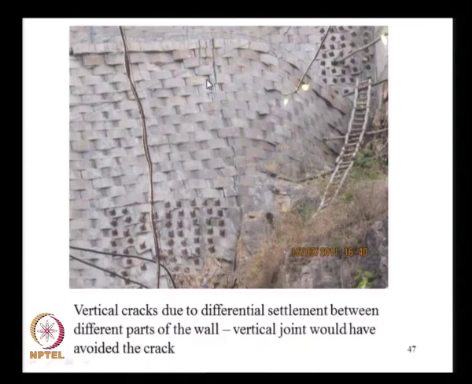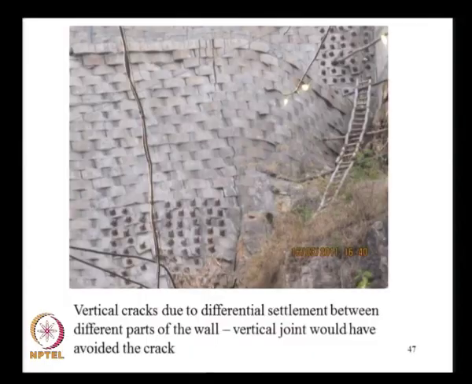And in hindsight, there should have been a vertical joint between the two parts of the wall, but because the vertical joint was not provided, there were some differential settlements, and you can see the crack that is formed, and some part of the soil started bulging out because of the differential movements.